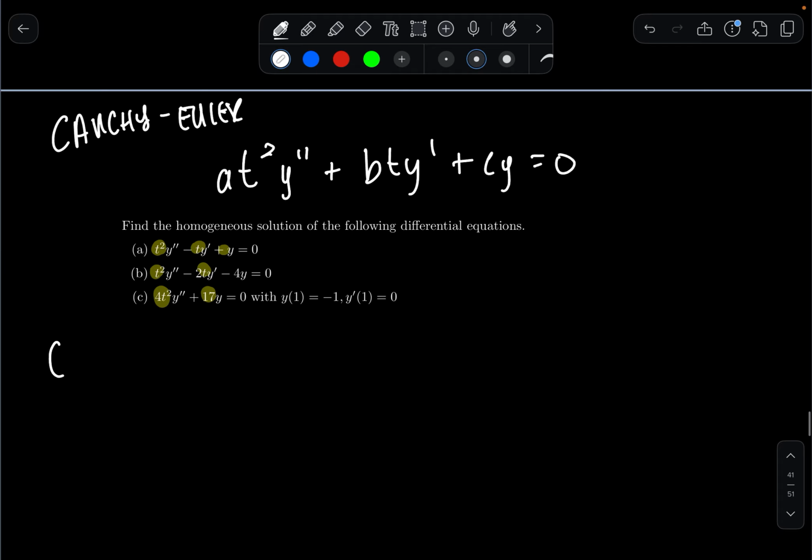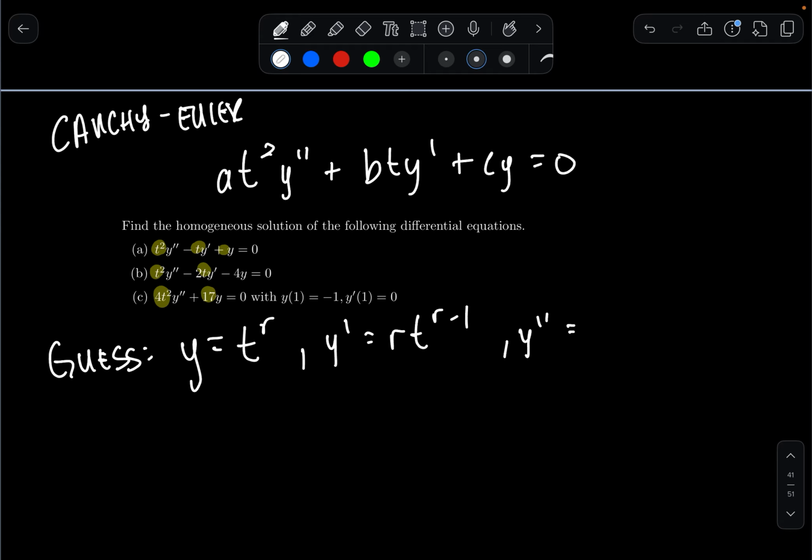But with a Cauchy-Euler differential equation, you don't make the guess e to the rt, you make the guess t to the r. And the reason for that is when you take the first and second derivative, so y double prime would be r times r minus 1 t to the r minus 2, and when you plug them in for y double prime, y prime, and y, every single term will end up having a t to the r in it.